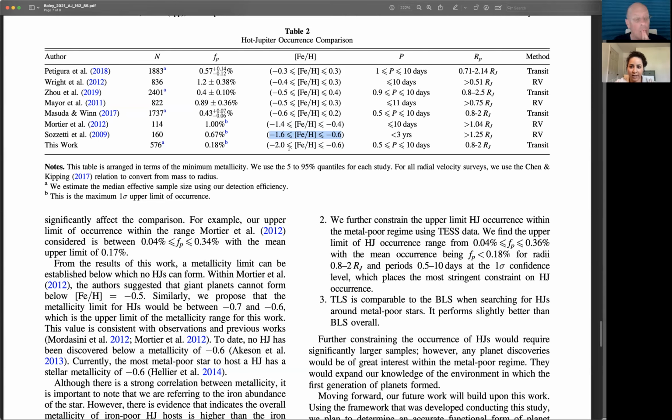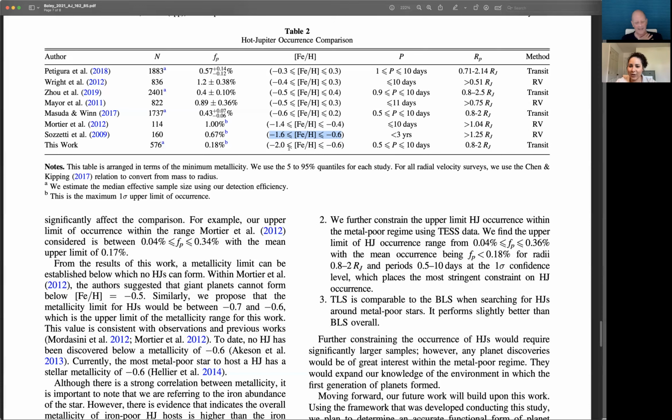Another interesting thing to point out is that we know that for metal poor stars, some of them can have alpha element enrichment, particularly the ones that host hot Jupiters. That would be something very interesting to look at, and it's a very important thing to discuss, because we don't have that data.